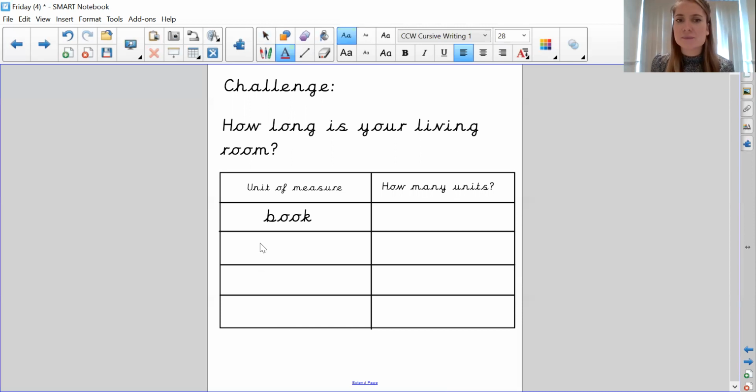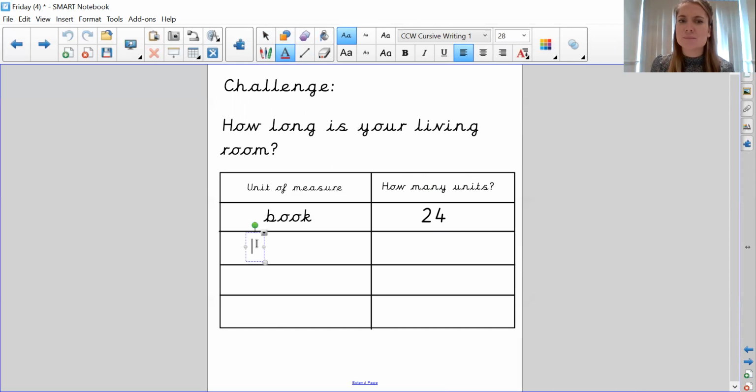So I might say my living room might be 24 books long. So you can see my unit of measure, I used a book. How many units long was it? And I put 24. My living room is 24 books long.